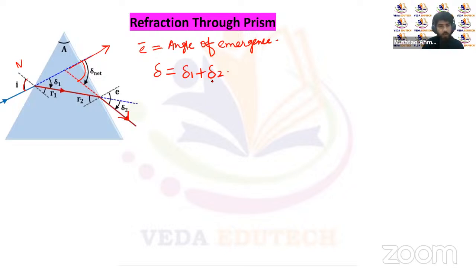Now you can see here, if this angle is R1, then this other angle has to be 90 minus R1. And if this angle is R2, then this angle is 90 minus R2.